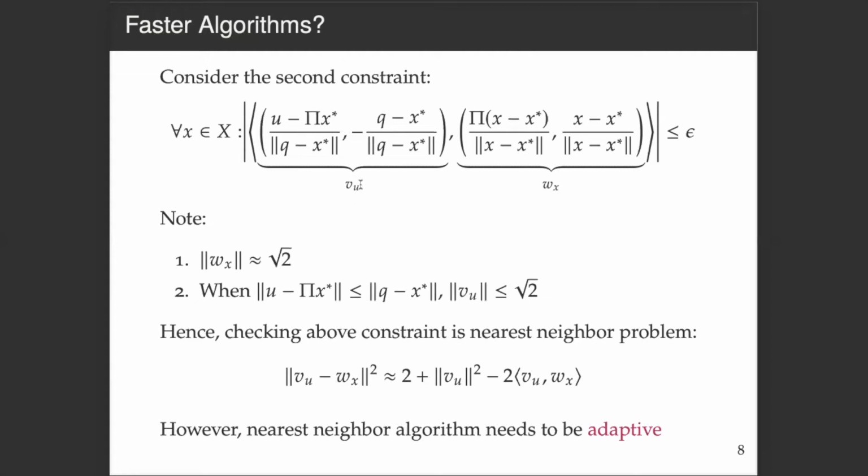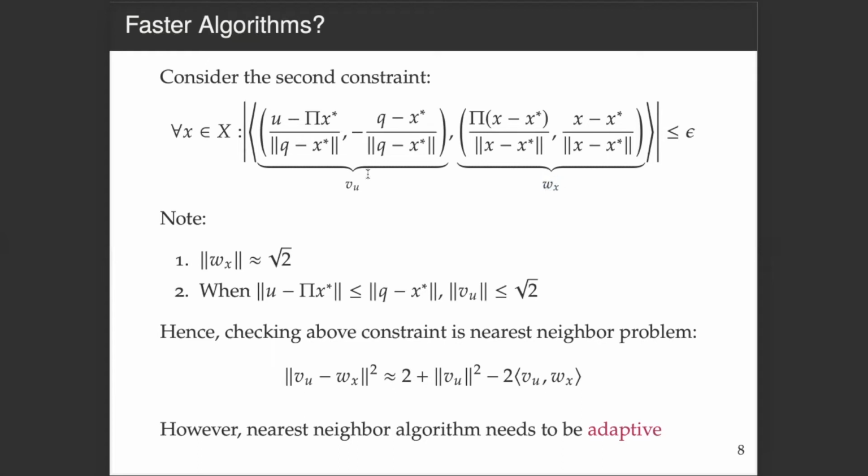Note that the first vector VU is the only vector that depends on the query and the candidate embedding, while the other set of vectors WX is completely independent of the query and its candidate embedding beyond just its dependence on X star. So the only thing you need to know is what the nearest neighbor is to define the second set of vectors WX.